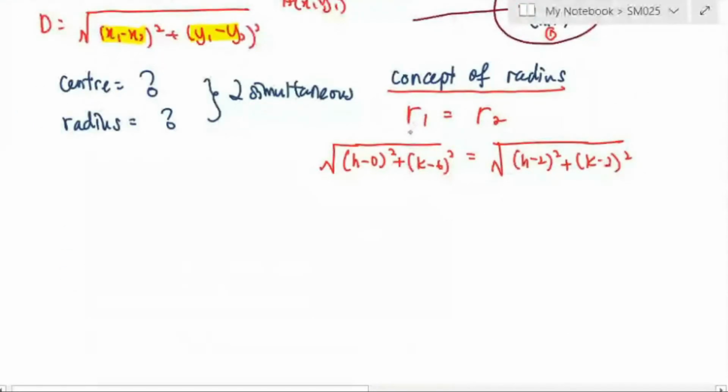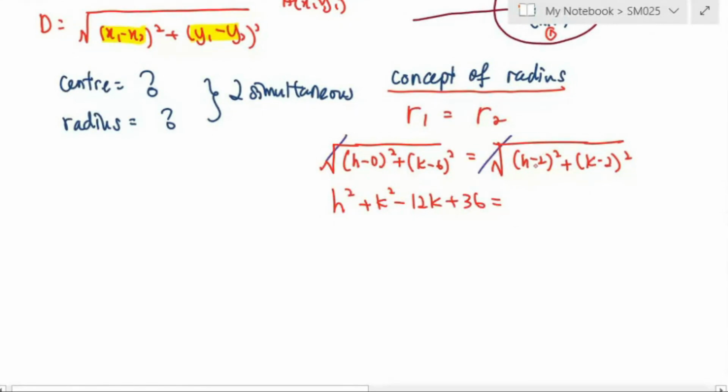So this is our first equation. When we have square root on both sides, I can square both sides, which means this can be simplified, correct? Then I expand inside here. This gives me h square, this gives me k square minus 12k plus 36.